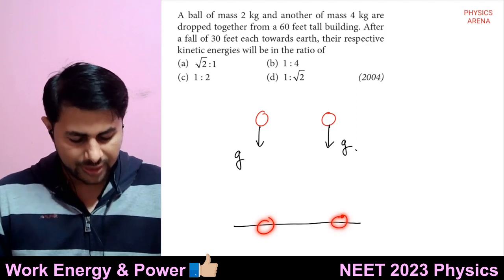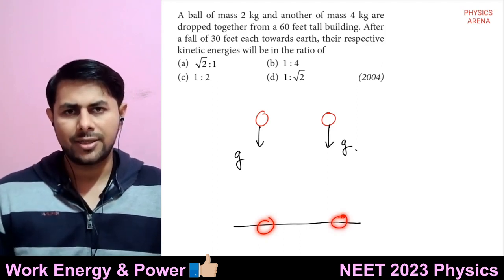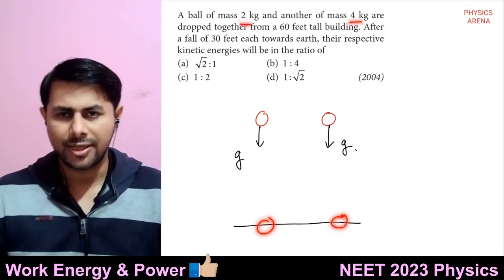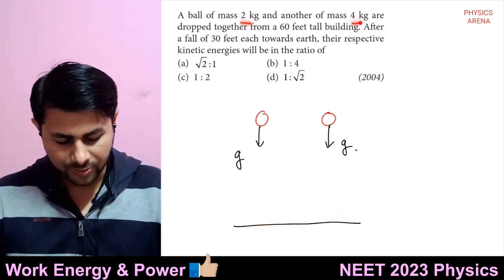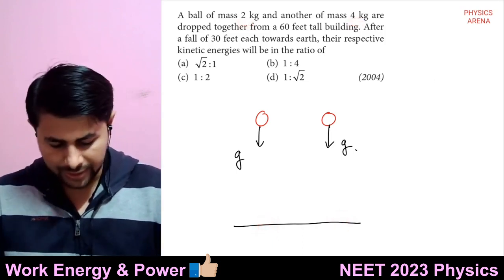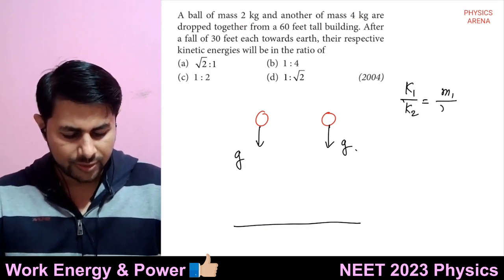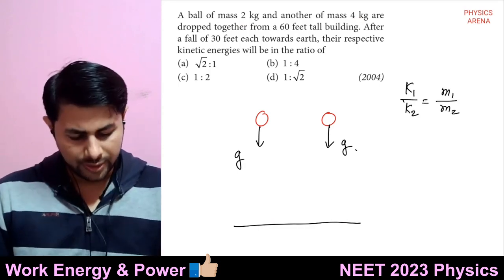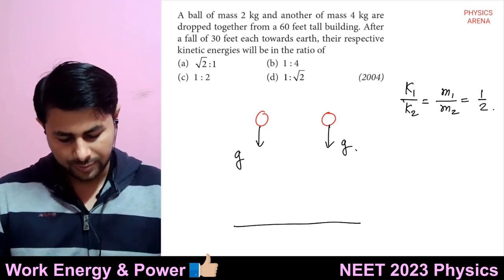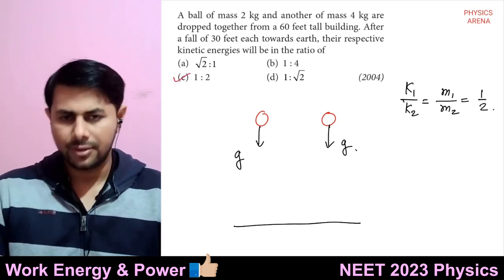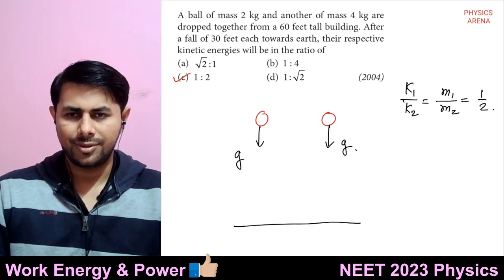So since velocities are equal, kinetic energies are in the ratio of masses only. K1 is to K2 is equal to M1 is to M2, so that is 1 is to 2. This is the answer. Yes, no?